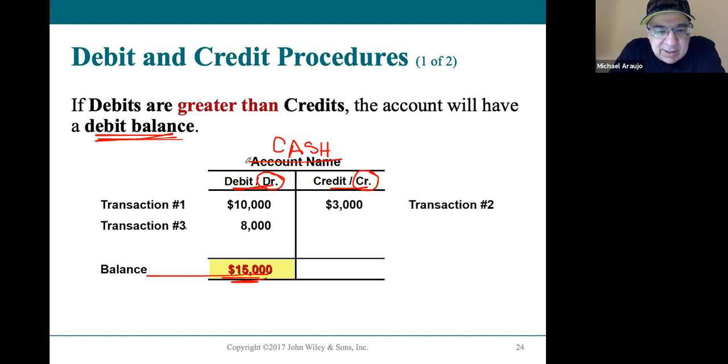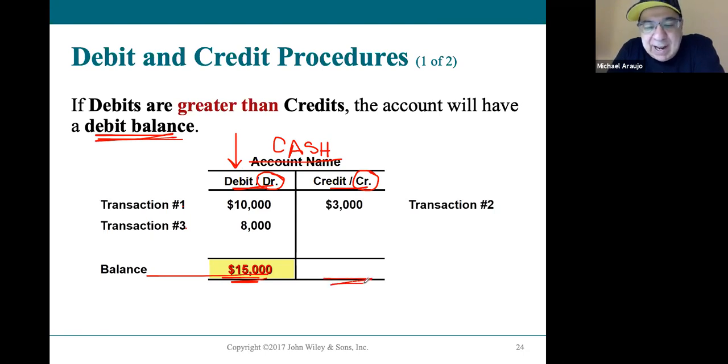Because the balance is on the debit side. Okay. So we would say it's a $15,000 debit balance. And it would be true. Again, we use the actual side on which the balance sits to state what the balance is.